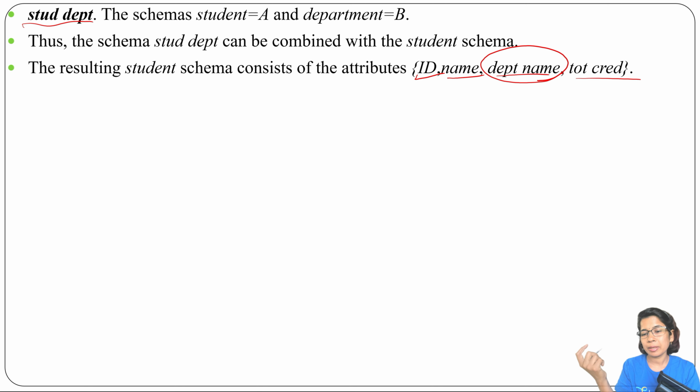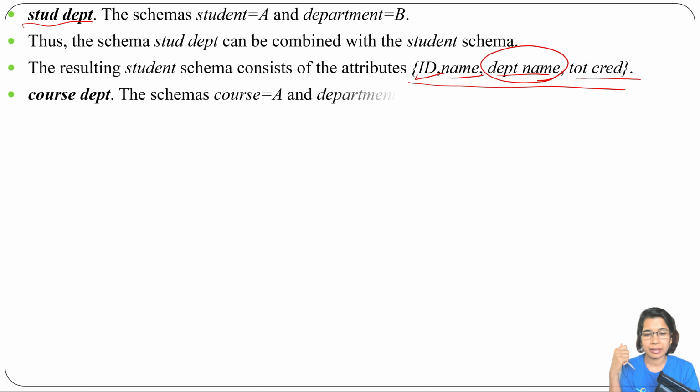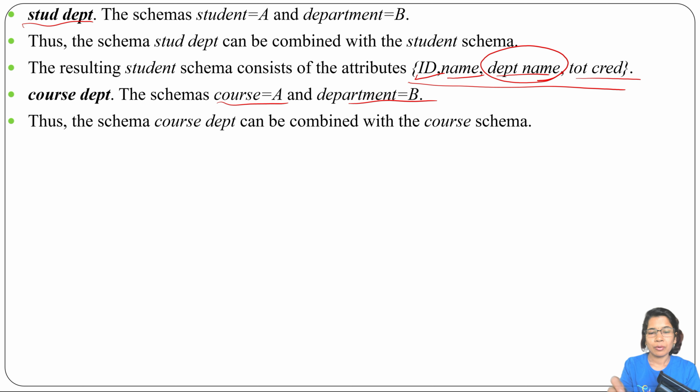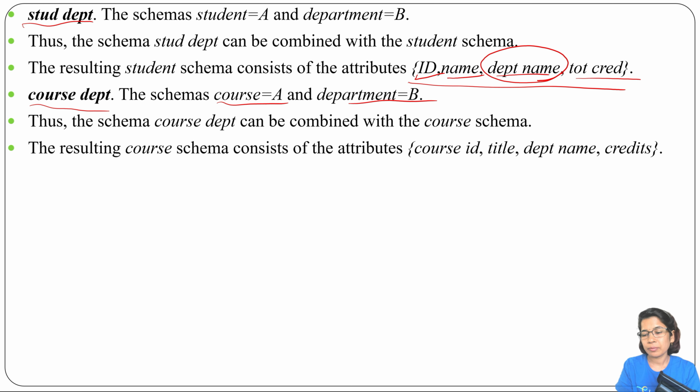In the student department there are attributes ID and department name. After merging, that comes to the student entity set, right? Next, course department. Here course is A, department is B. We can merge course department with course. Now the attributes of course will be course ID, title, credit, and department name. Department name is due to this relationship.